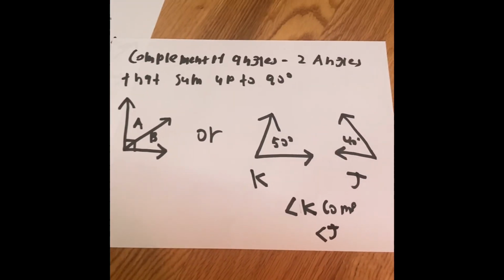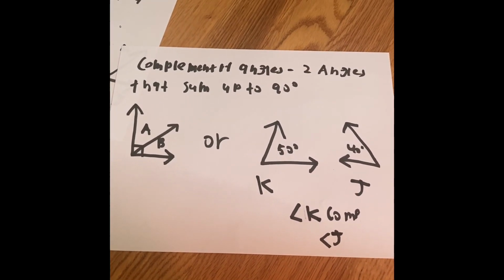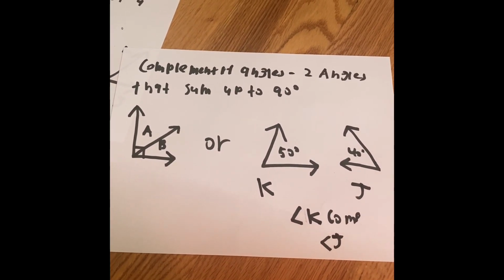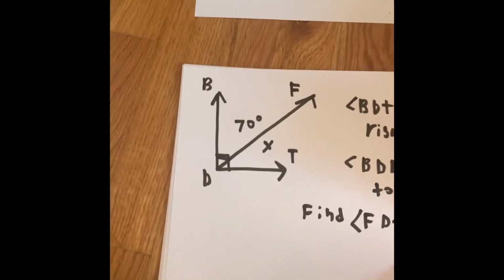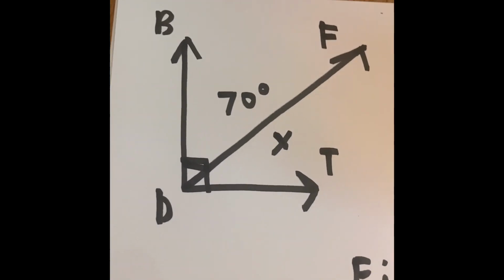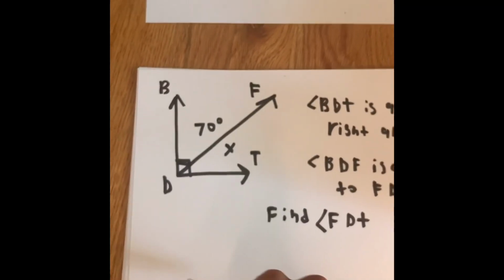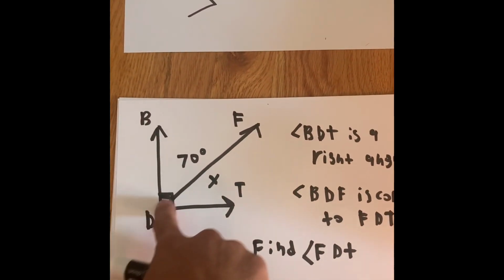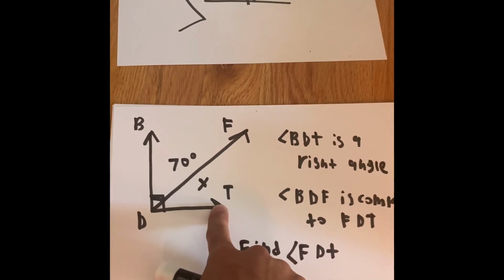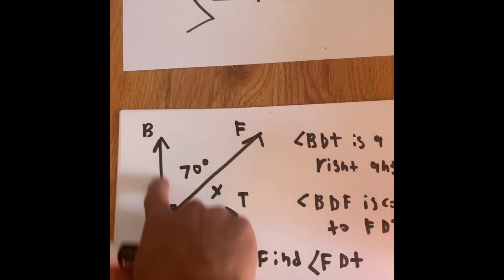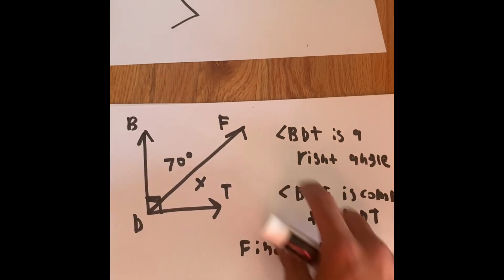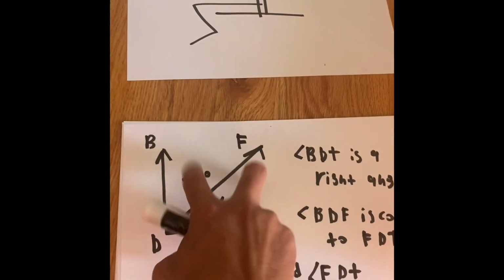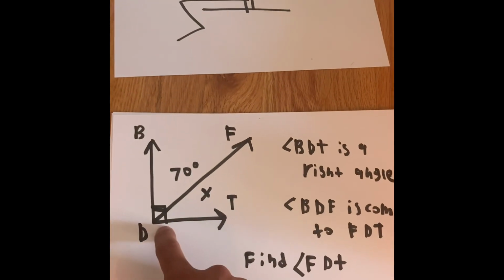Let's use an example and solve a problem that has complementary angles in it. Here is our problem, and this is what the picture looks like. BDT is a right angle. BDF is complementary to FDT, which means that these two angles equal 90 degrees.